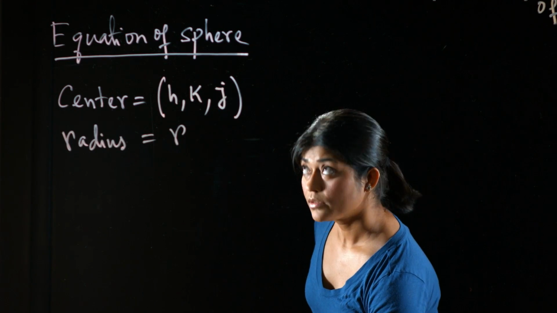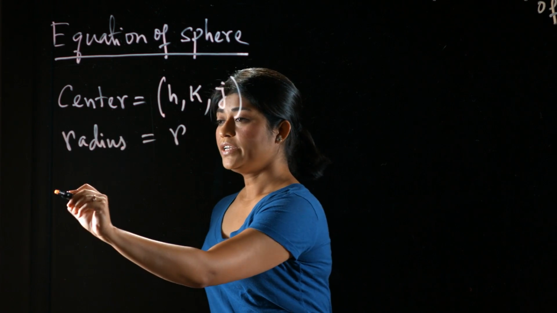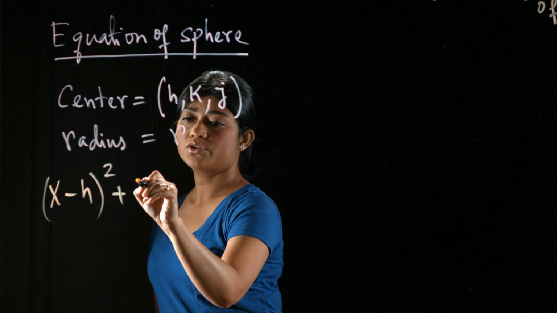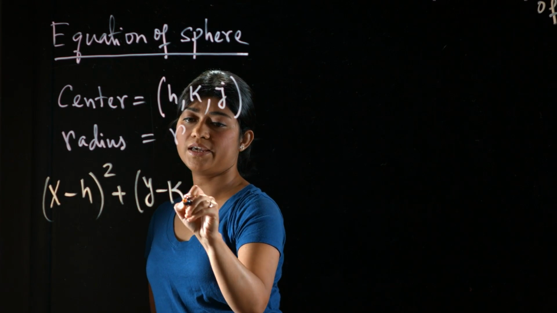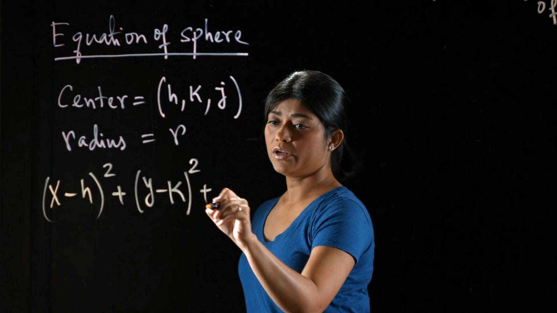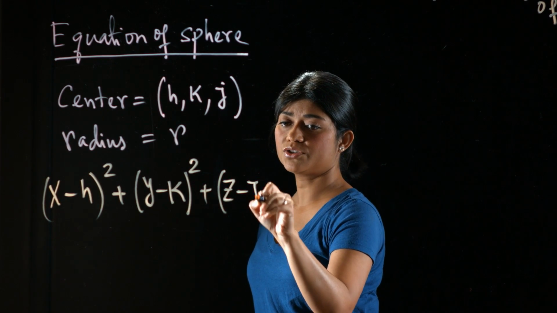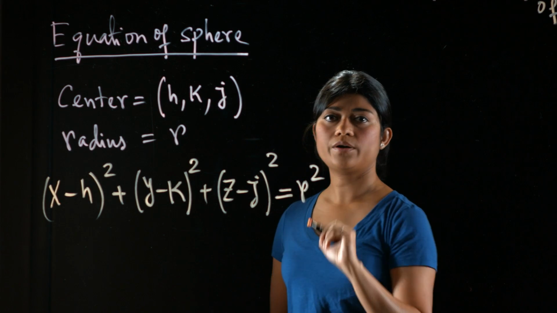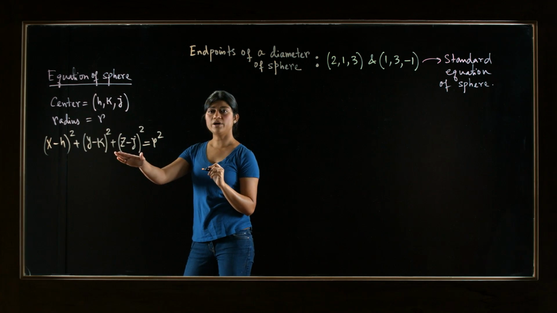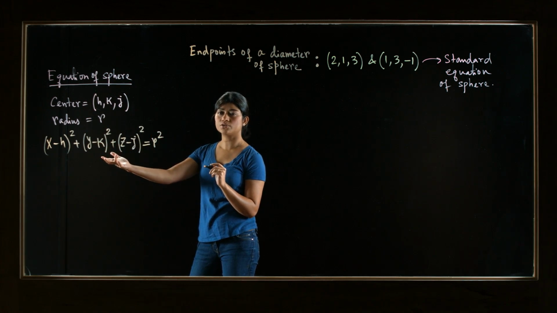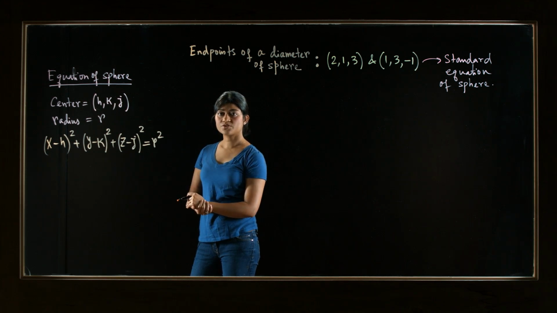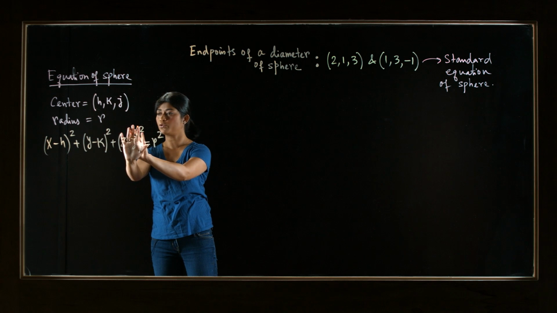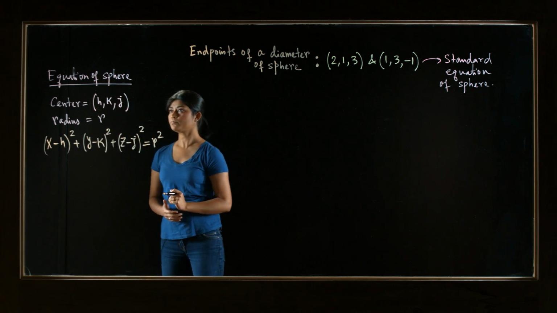Then the standard equation is (x - h)^2 + (y - k)^2 + (z - j)^2 = r^2. Notice that this equation is just the generalization of the standard equation of a circle. If you hide the z coordinate portion, it is just the equation of a circle.